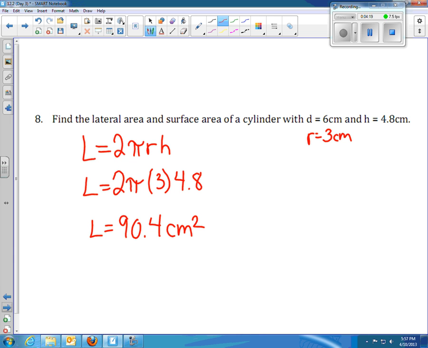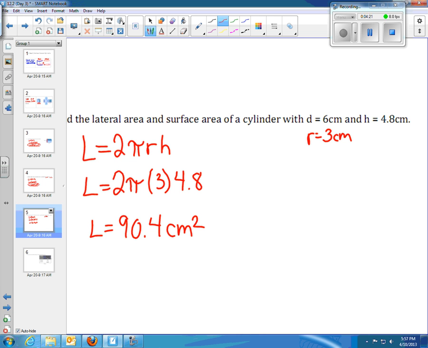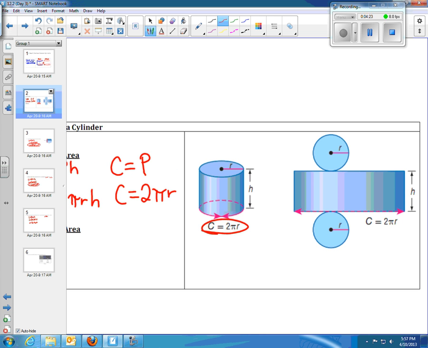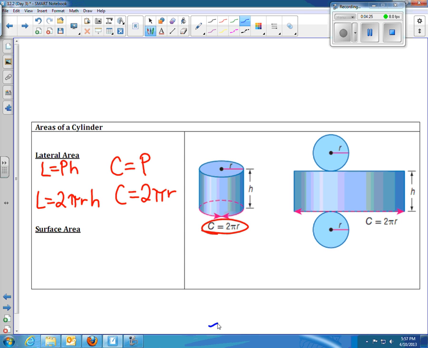All right, we are going to go all the way back to the first slide with the formulas on. And now we are going to talk about surface area. Now, when we talked about surface area in regular prisms, we did the lateral area plus 2 base areas. And it's going to be the same format here for cylinders.